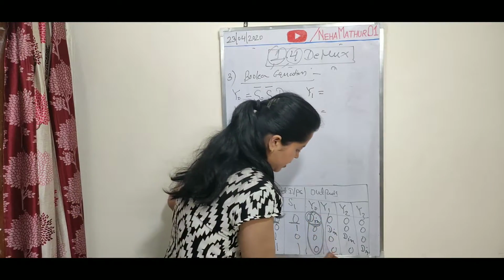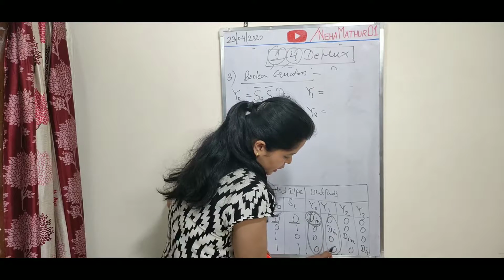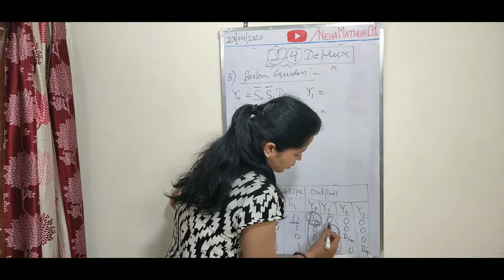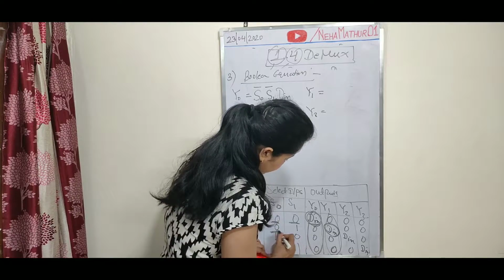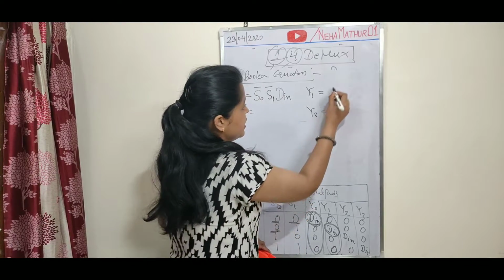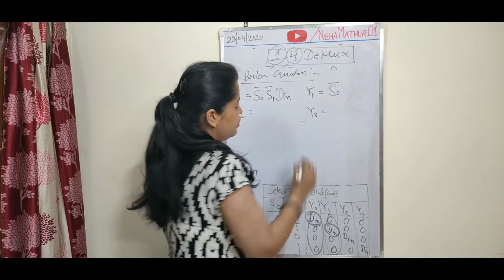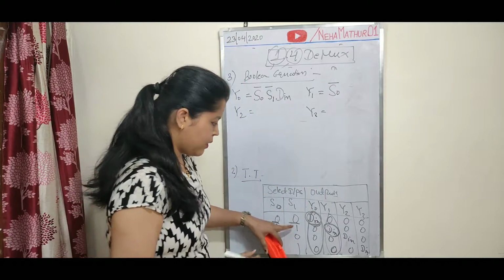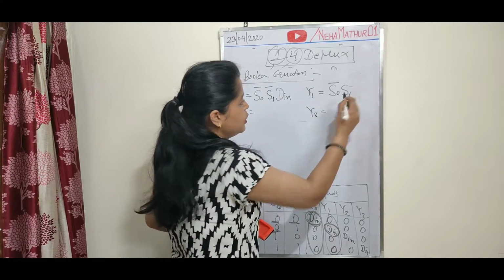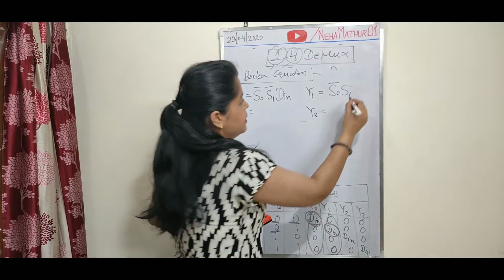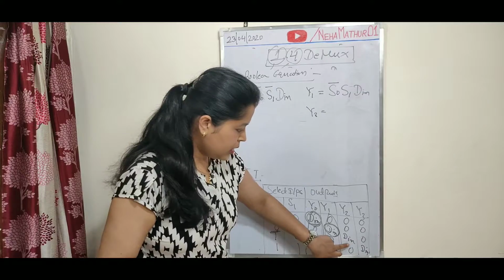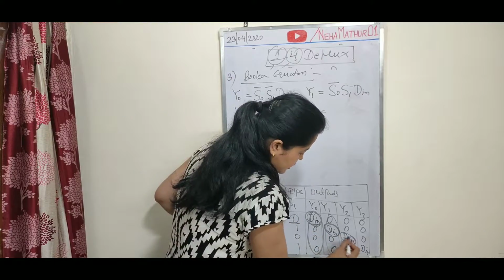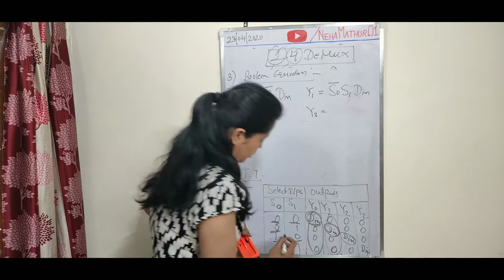Similarly, for Y1, 3 terms are 0, so you will have to write only for this Din, and this Din is because S0 is equal to 0 while S1 is equal to 1. So you can write S0 bar S1 Din. For the third output, this Din is because of 1, 0.